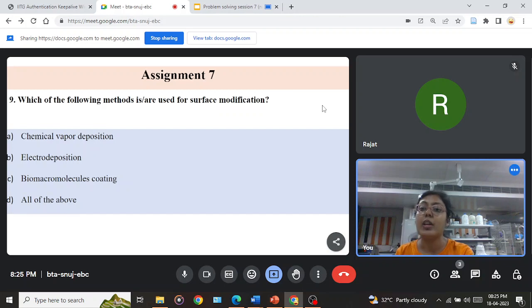A is chemical vapor deposition, B electrodeposition, C biomacromolecules coating, and D is all of the above. It is an easy question kind of, and also we discussed all of these during the recap of the lectures.